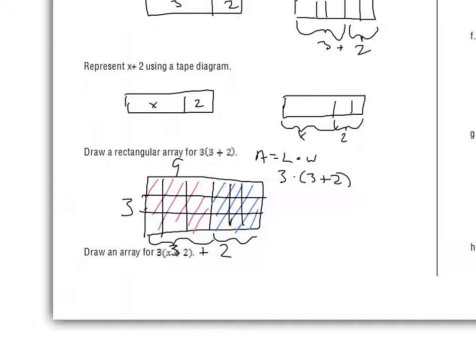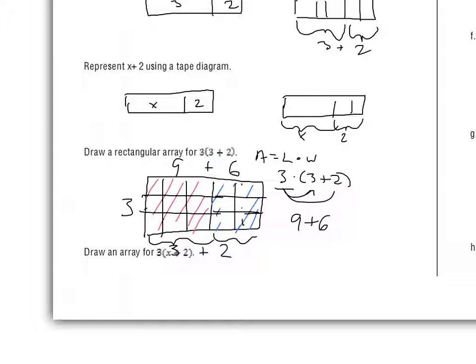The area of this portion, oops, this one should have only been broken down into 2 pieces. Fix that up just a little bit. Broken down into 2 pieces, so the area of this one is 6, so that's 9 plus 6. And we can see again that mirrors what we do with distributive property. 3 times 3 is 9 plus 6.